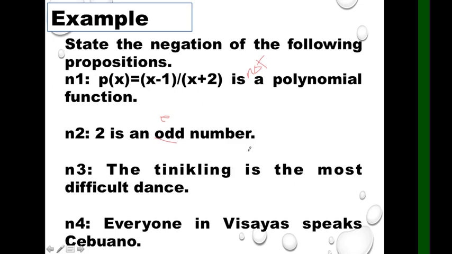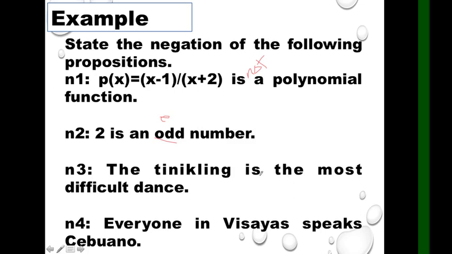Another, for N3, the tinikling is the most difficult dance. So the negation is the tinikling is not the most difficult dance. But you cannot say the tinikling is the easiest dance. No, you cannot say that because there are so many dance genres in the Philippines.